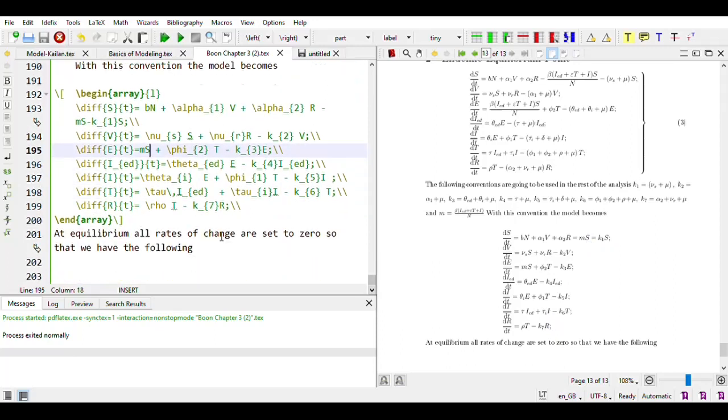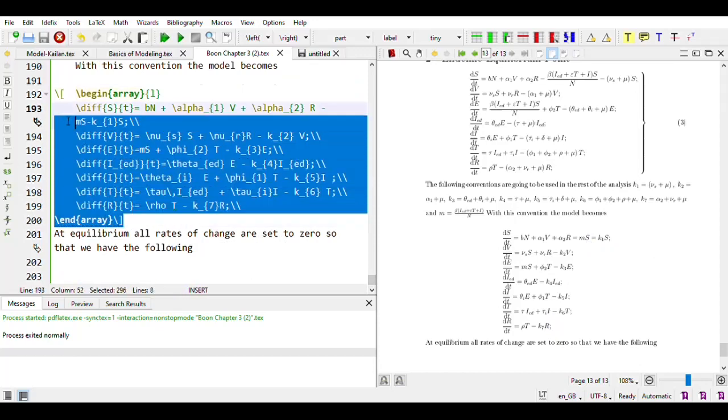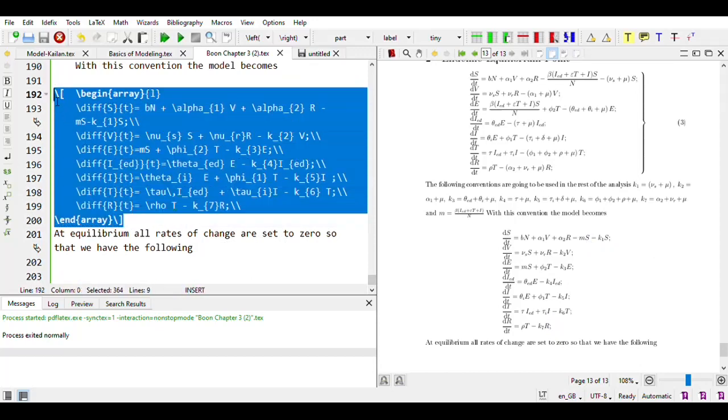However, we know that at equilibrium, all rates of change are always 0. There's no change at equilibrium, and so we have to set all the time derivatives to 0.